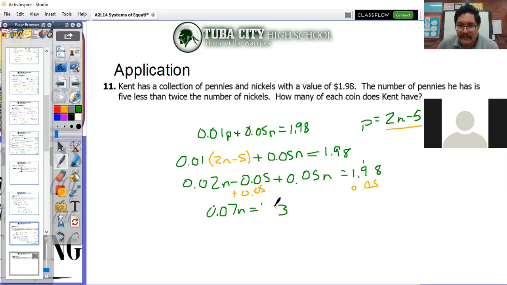Carry the 1 and carry that again. We get $2.03. Now, this is not the actual amount of money, so it doesn't really have any bearing on what it is. But let me go ahead and divide that. So 2.03 divided by 0.07. And this says that we have 29 nickels.